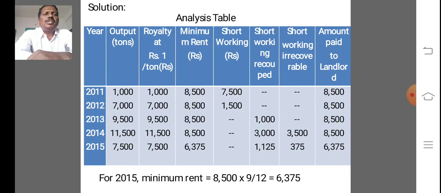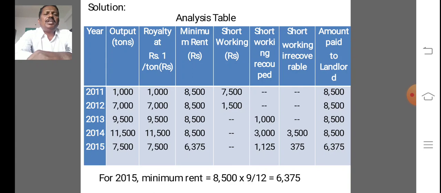The shortage is 7,500 and finally 8,500 is paid to landlord. In 2012, 7000 into 1, 7000, but minimum rent is 8,500. The difference is the shortage 1,500 and 8,500 is payable to landlord.